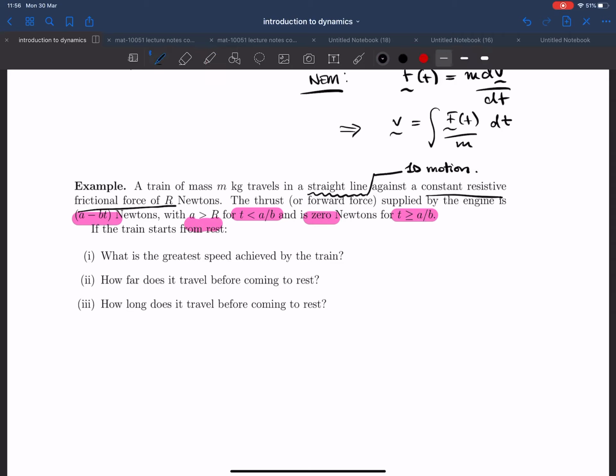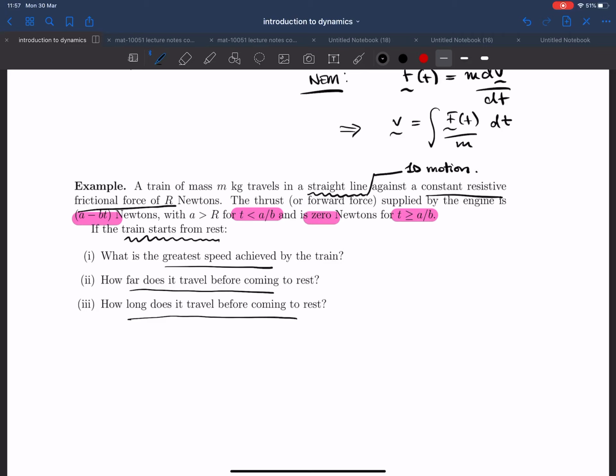Right. So we're asked, what is the greatest speed achieved by the train? How far does it travel before coming to a rest? And how long does it travel before coming to a rest? Don't forget, hidden in here is the initial condition: the train starts from rest.